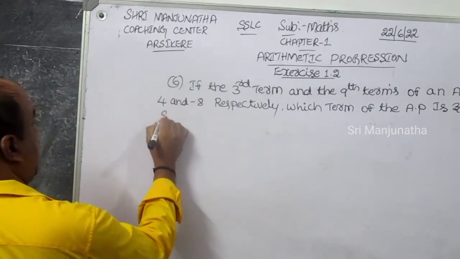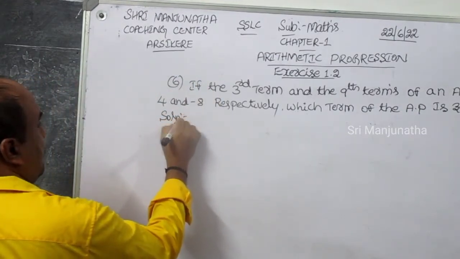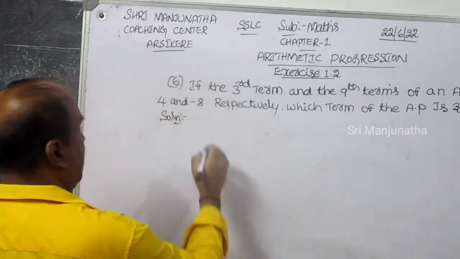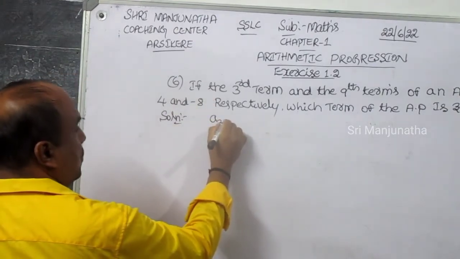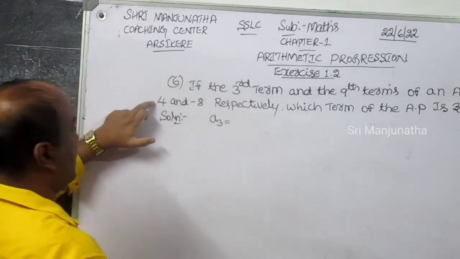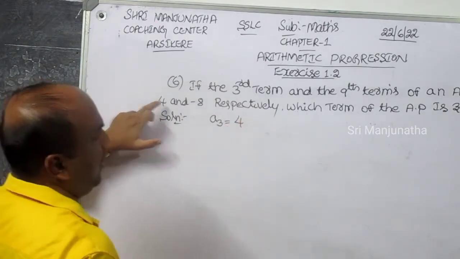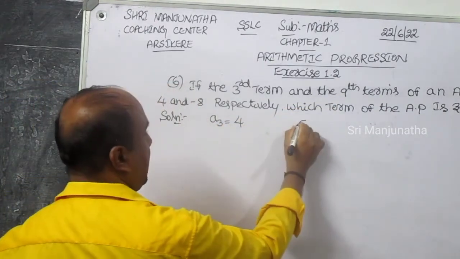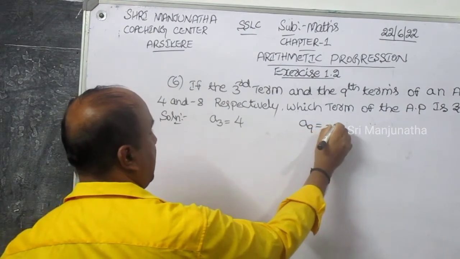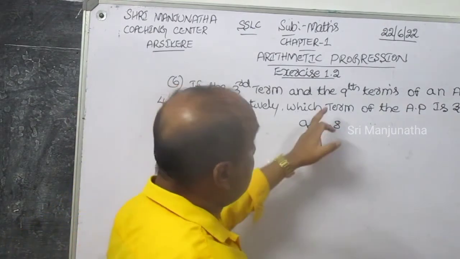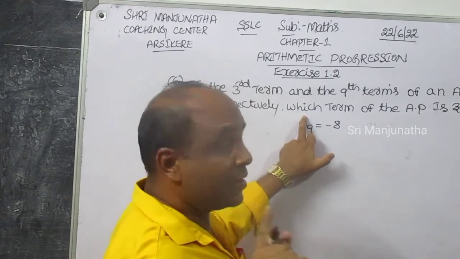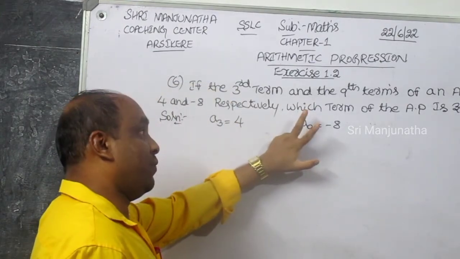Okay, the solution for this problem. The third term, A3, equals 4, and the ninth term, A9, equals minus 8. You have to understand the problem correctly and perfectly.